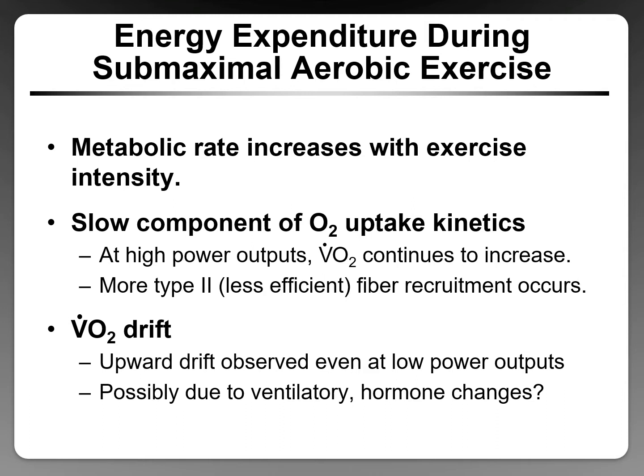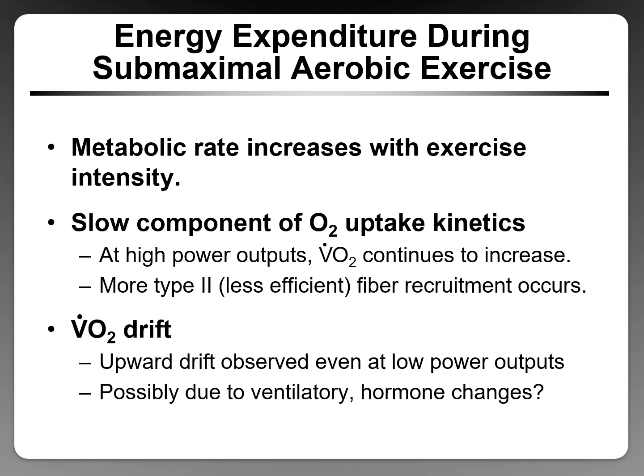So what's going to happen is I have a maintained level of physical activity. We'll say it's something like 80% of my VO2 max. And if I have to maintain that over a long period of time, we're going to see an upward drift due to some ventilatory and hormone changes.